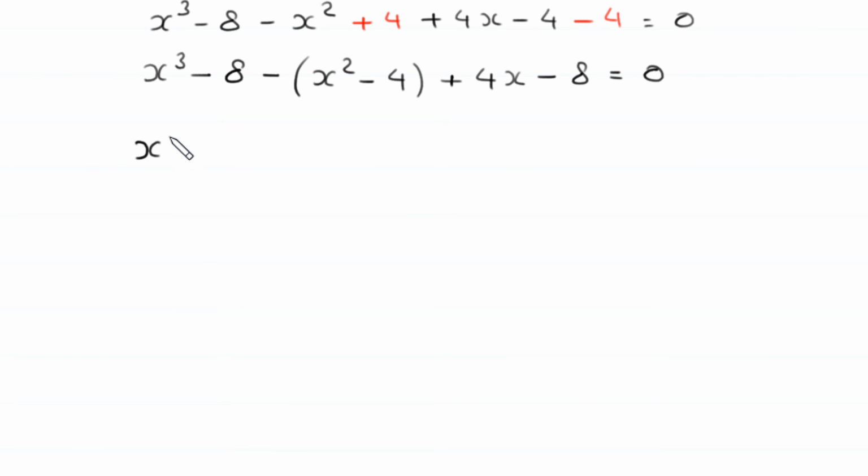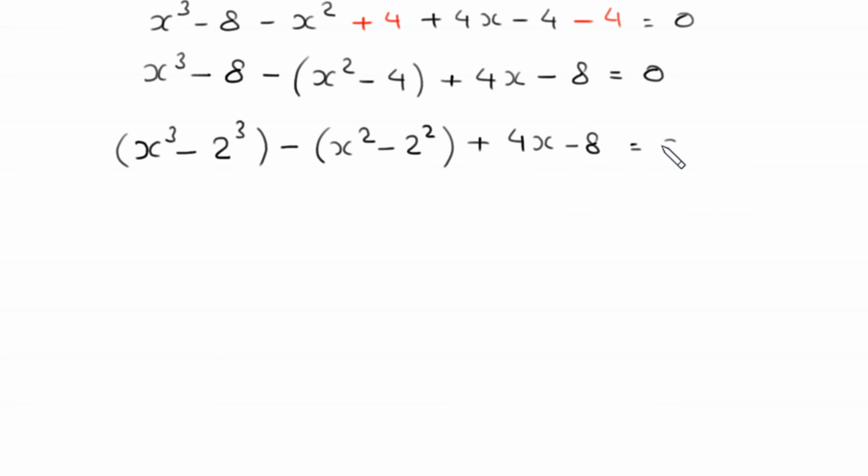Next, x cubed minus this 8 can be written as 2 cubed, minus x squared minus this 4 can be written as 2 squared, plus 4 times x minus 8.